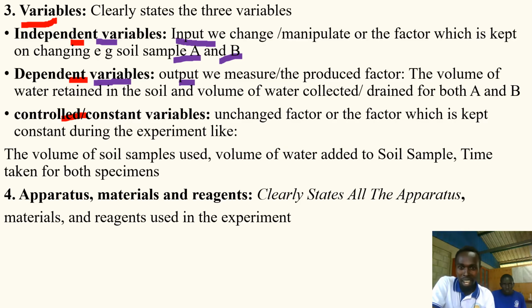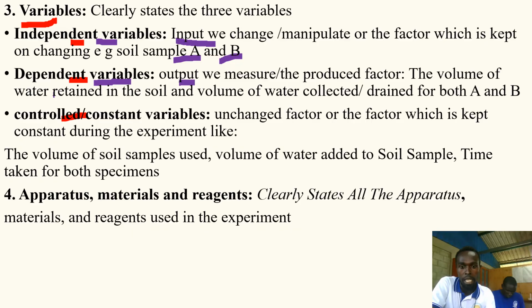So, when you talk about the water holding capacity, what is the dependent variable that you're going to base on to prove to some farmer that this soil retains more water, and then the other one retains less water or drains water.